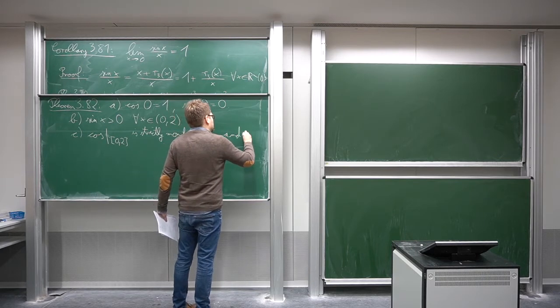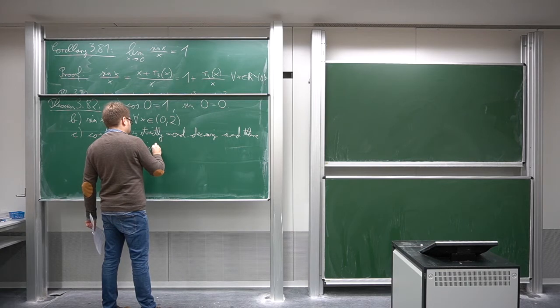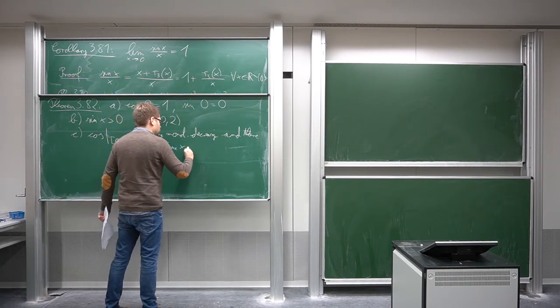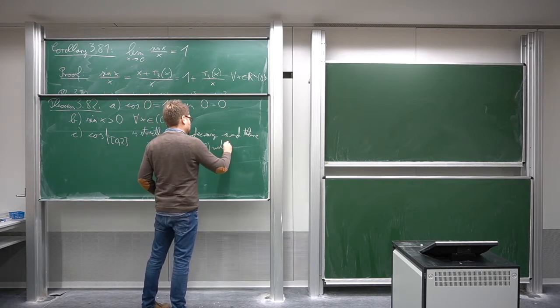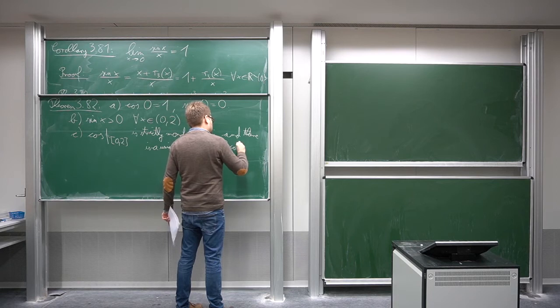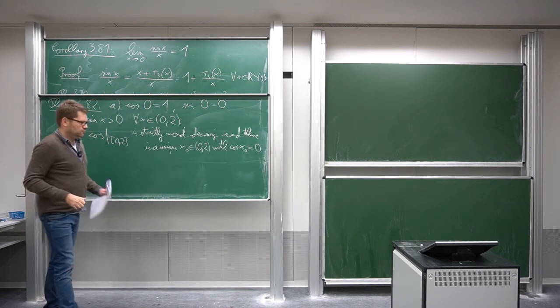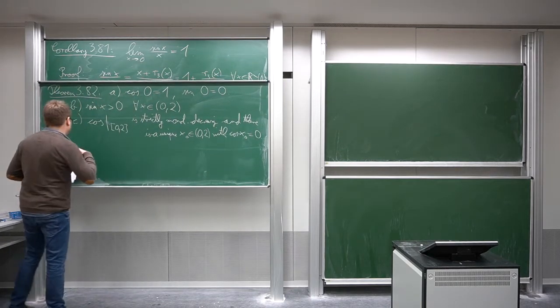And there exists a unique x0 in the open interval from 0 to 2 with cosine of x0 equal to 0. So there's precisely one value where cosine becomes 0. Okay, so let's prove these properties.